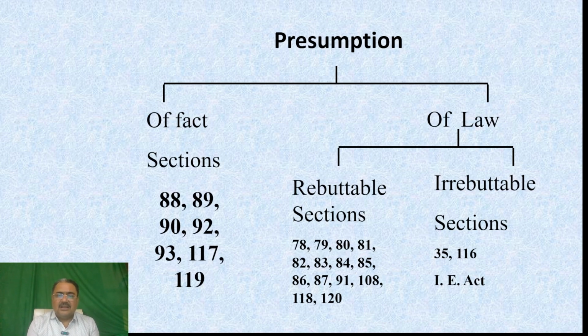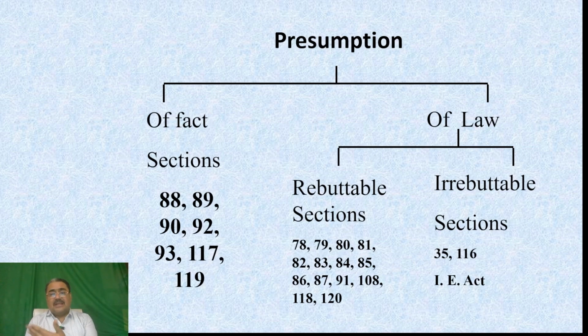In the Bharatiya Sakshya Adhiniyam, the provisions that talk about presumption of fact are sections 88, 89, 90, 92, 93, 117, 119. The rebuttable presumptions of law are in sections 78, 79, 80, 81, 82, 83, 84, 85, 86, 87, 91, 108, 118, 120.